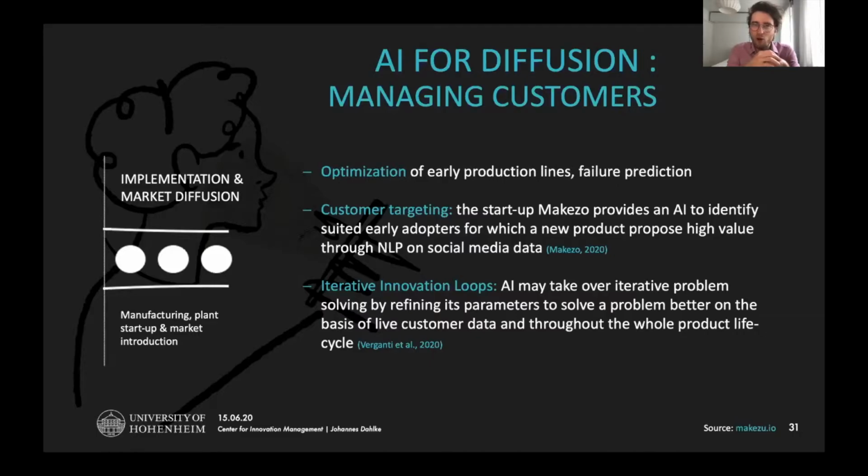What AI offers is the opportunity to take this iterative process and implement it with the customer itself. So gathering live data from the usage of a product by a customer, and the AI being able to refine the product while already being in the hand of the customer to the needs of this specific customer. So one example we already see for such products is Amazon Alexa, speech recognition, right?